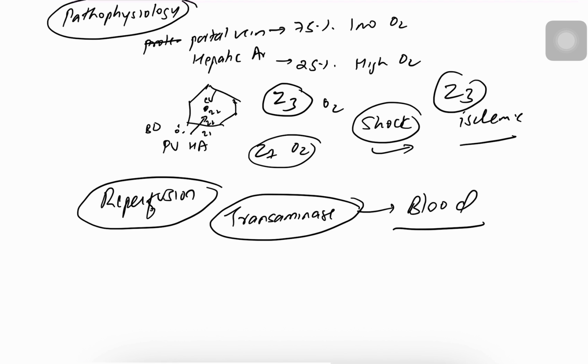So shock liver is a condition in ischemia or shock where the ischemia of zone 3 occurs, and after reperfusion there is a massive rise of transaminases in our blood.